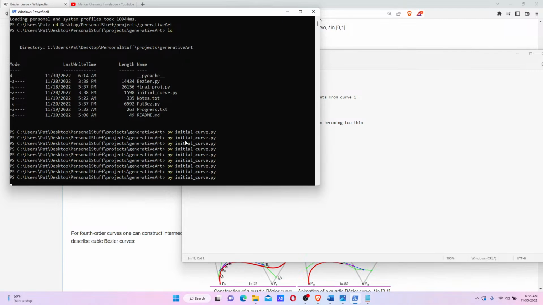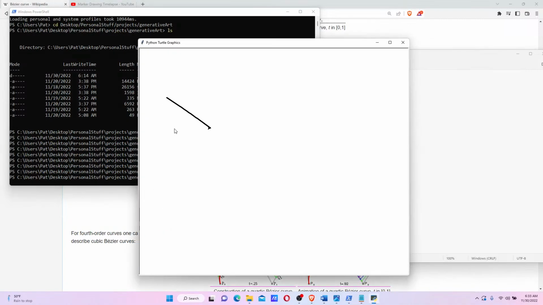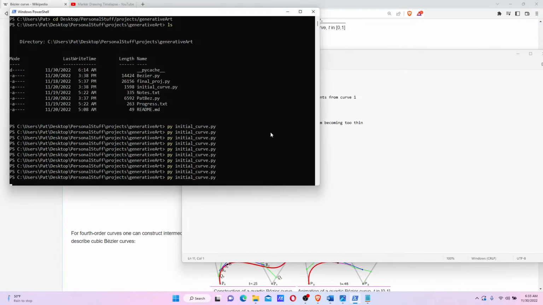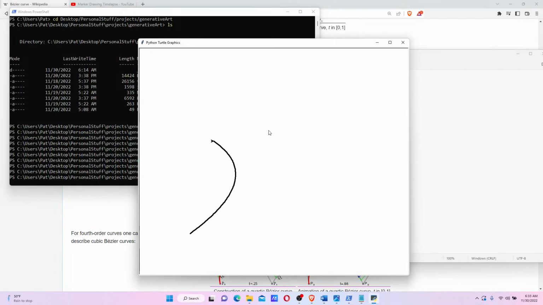Let's see if we can get some more curves. That one was pretty good. Oh good, this kind of shows it.